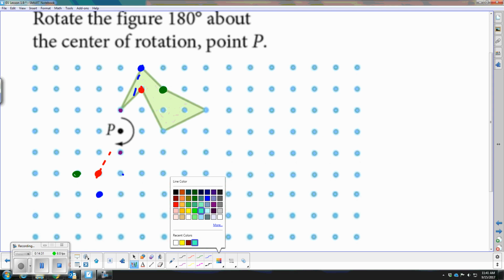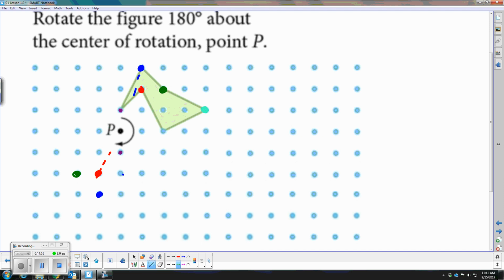Look at our light blue one here, and 180 degrees, again, is a straight line. That brings us here. Right, and then our last one is our dark purple one.